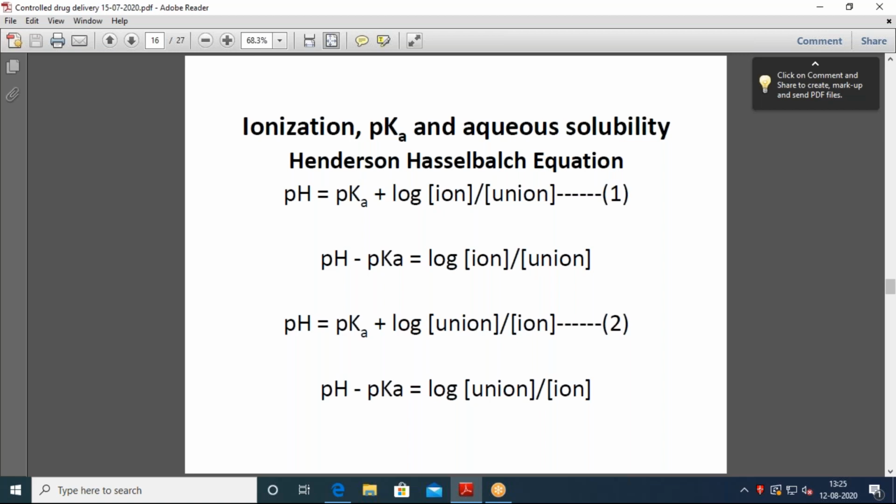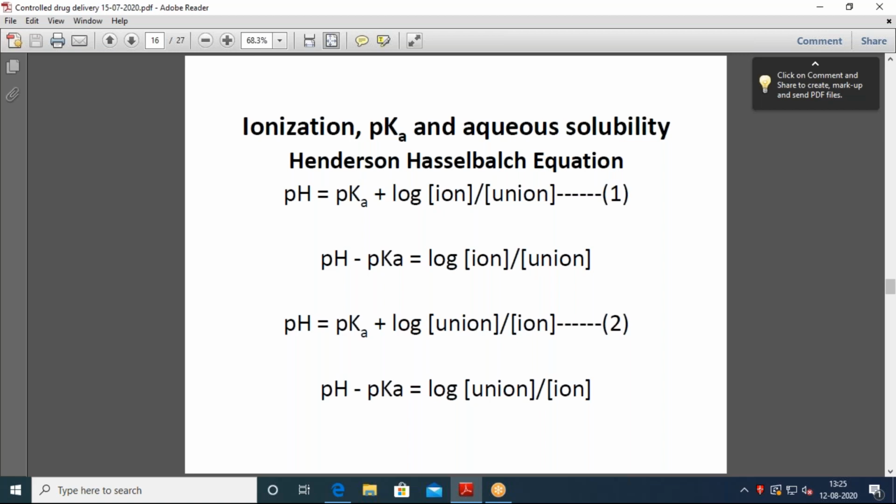Is it clear? Are you able to understand? So, most important is we are trying to figure out the extent of ionization. In the stomach, most of the acidic drugs remain unionized.